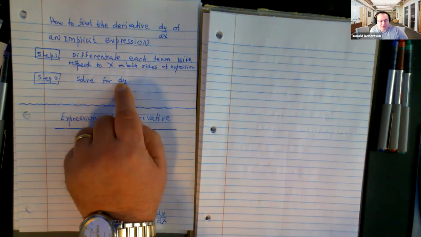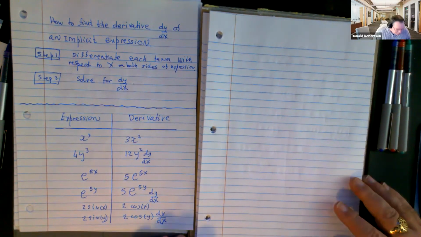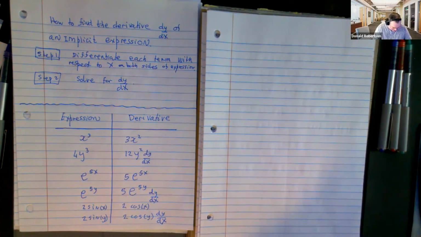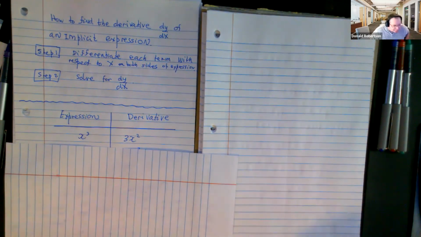And the second step is basically find dy by dx by solving an equation. So before we get into that process, here's a little side process. Here is what you get when you differentiate little pieces of that expression. Let me cover this up so we only look at one at a time.